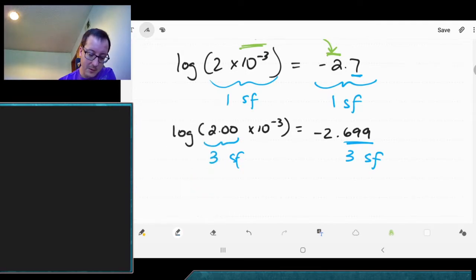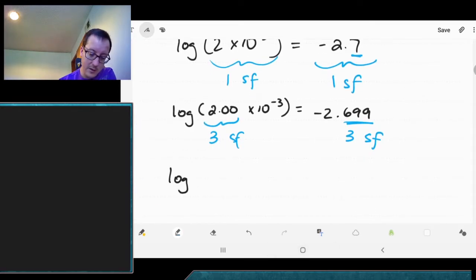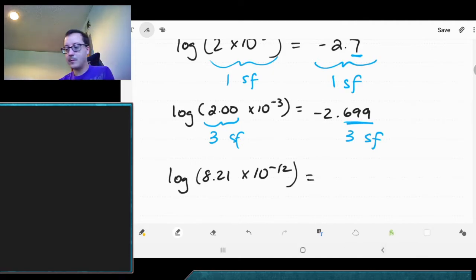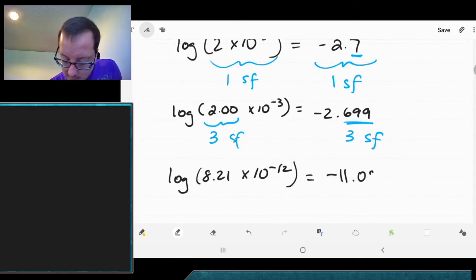So let's do another one. If we do log of, I don't know, 8.21 times 10 to the negative 12, on my calculator I put the log button, 8.21 e negative 12. I get negative 11.08565684.